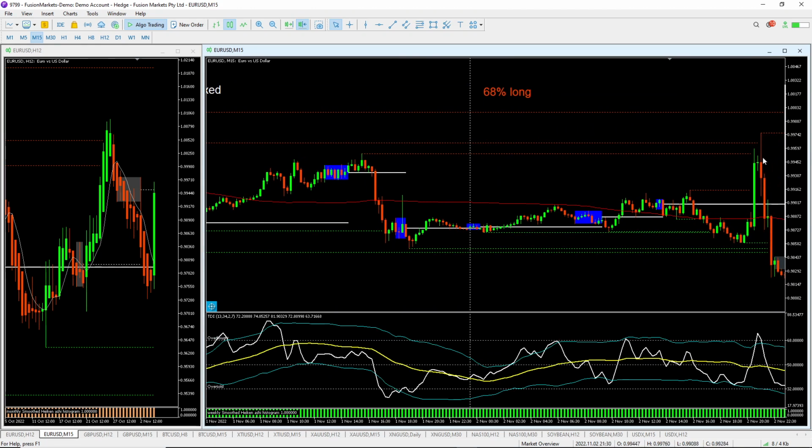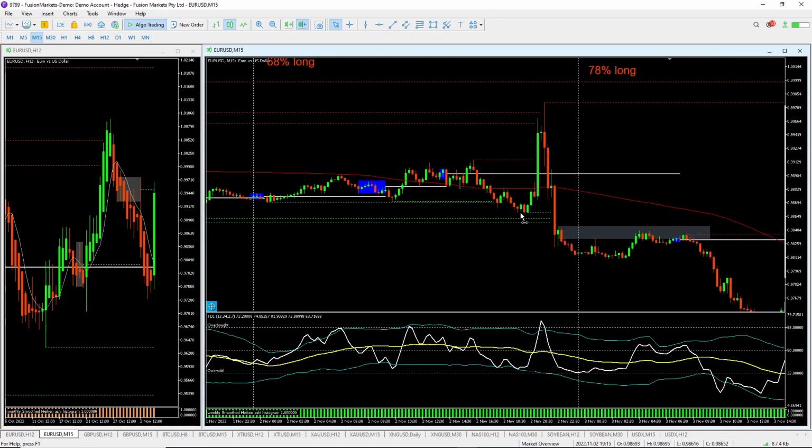Right at the good spot to sell, you have this shitty volatile price action, crazy thing going on here, and it just ruins everything. You can't do anything, man.